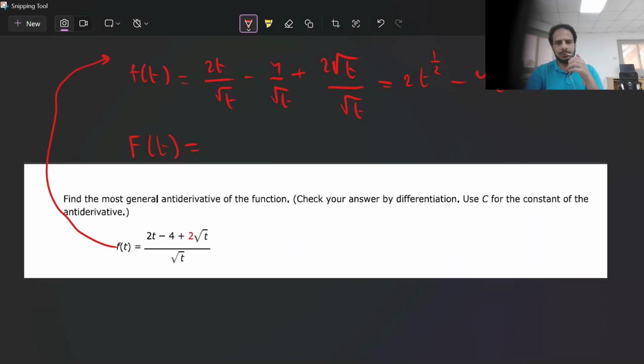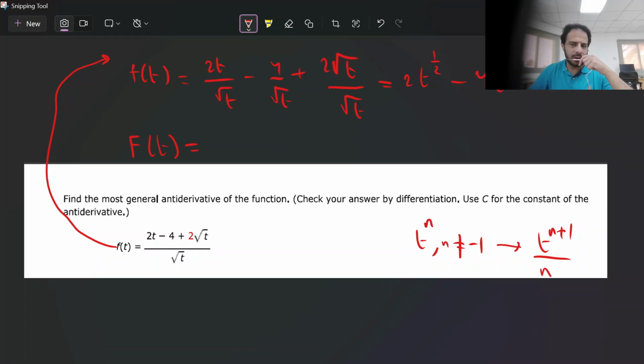Now let's solve this one now. We will use the rule. What's the antiderivative of t to n? n is not minus 1. t to n plus 1 over n plus 1, right?